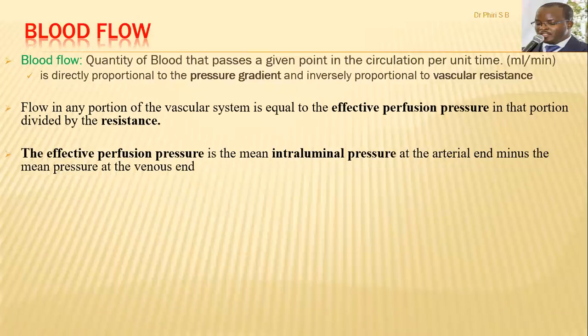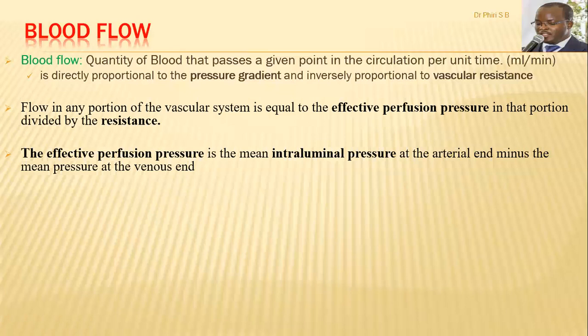Flow in any portion of the vascular system is equal to the effective perfusion pressure in that portion divided by the resistance. So pressure gradient divided by resistance will give you blood flow. In other words, effective perfusion pressure is the same as the pressure gradient. This effective perfusion pressure to the tissues divided by the resistance will give you the blood flow to that tissue.